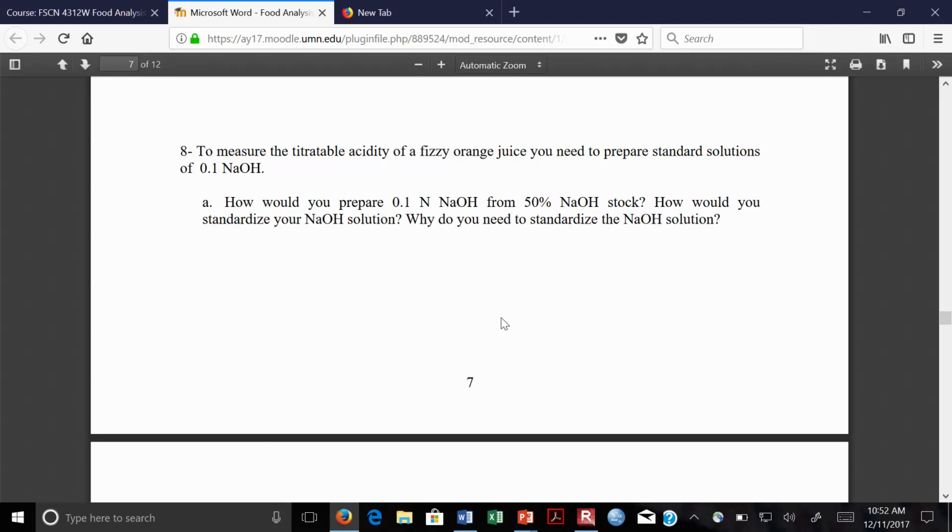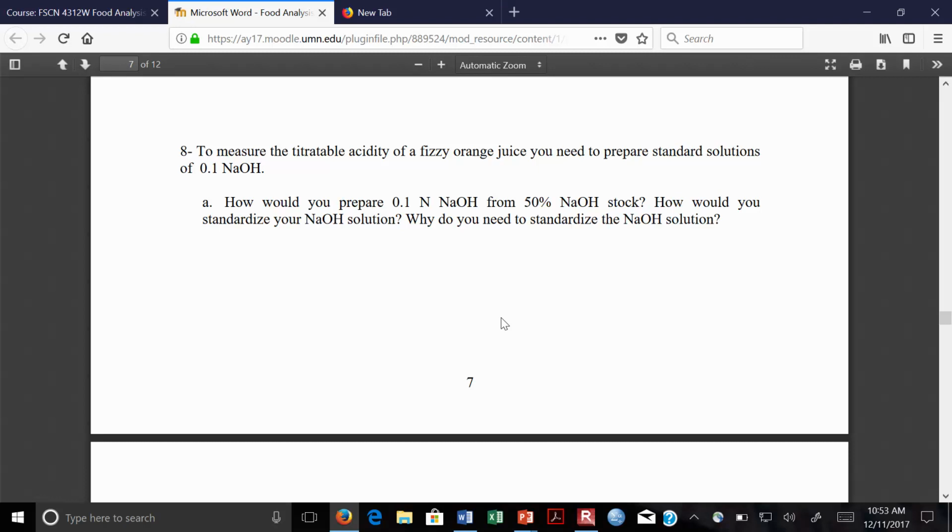So to do the conversion, you do the normality times the volume equals normality times volume. That's what you eventually want.